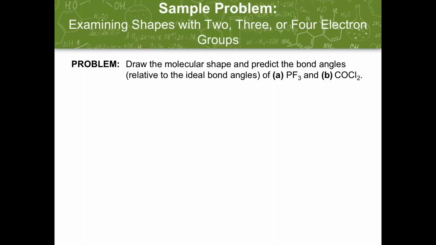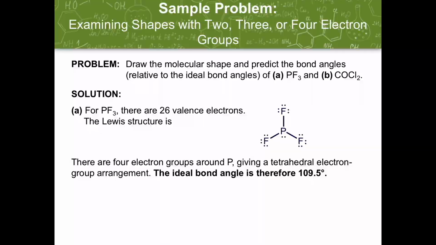So if you remember our previous video on Lewis structures, you have to arrive at this Lewis structure for PF3. So again, PF3, there are 26 valence electrons, and then the Lewis structure would look like this. So there are 4 electron groups around P. Again, you have here the lone pair, and then you have 3 surrounding atoms. Those are the electron groups.